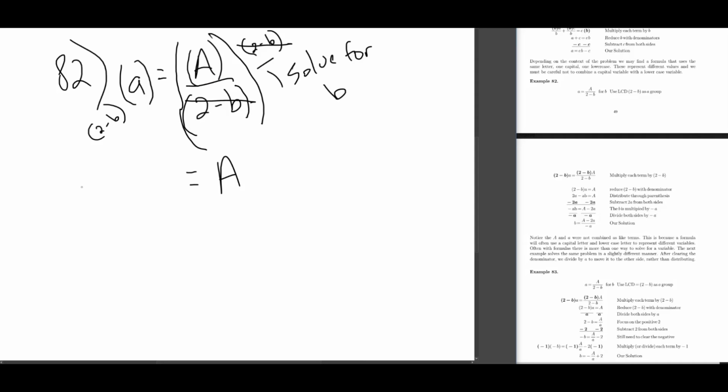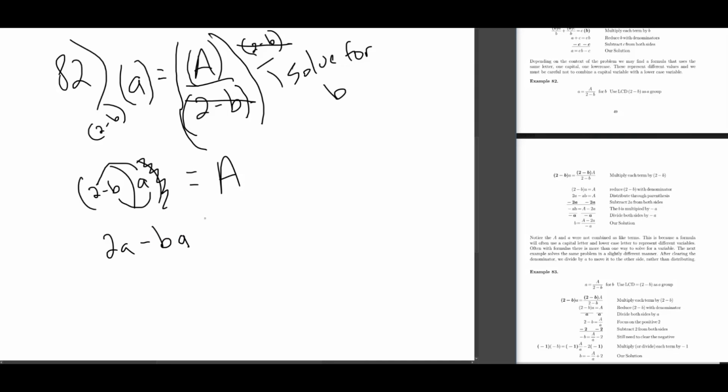And here I have 2 minus b multiplied by a. Whoops, I put a bracket there just because I'm going bracket crazy. Now I'm trying to solve for b. So it's going to be this times this and this times this. So it's going to be 2a minus ba.